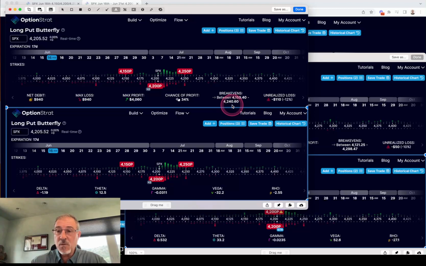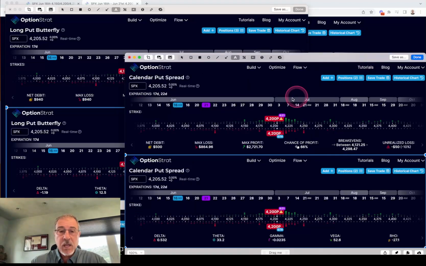41.59 to 42.40. Now, if we look at some of these numbers here, our break evens, we got a higher percent chance of profit. Our max profit is lower, but our break-evens are wider. So we've got a wider range that we're playing with in this trade, which is nice. You're trading off a little bit less potential profit right at that center peak in exchange for a wider tent.